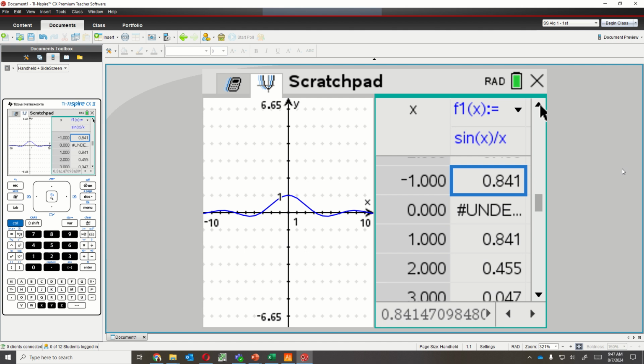Is the left and right side both approaching 1? Yes, they are. So guess what? So the limit of this one is going to be 1. This is by analyzing the graph. We could see, and if you look at the table there, I'm showing for that one, but that goes in single increments. I'll later show you guys how to actually change all the settings if you want to modify your table.